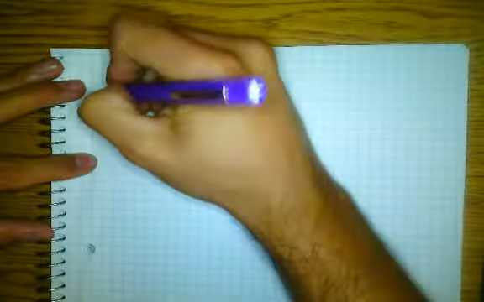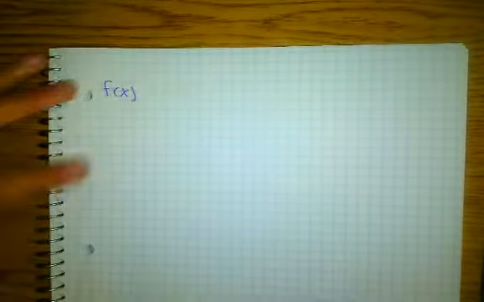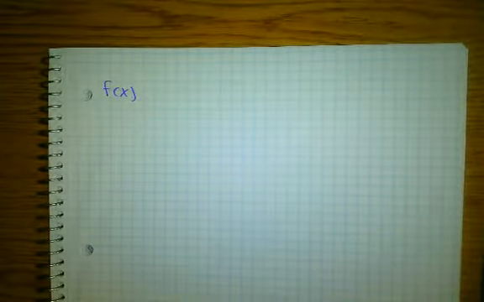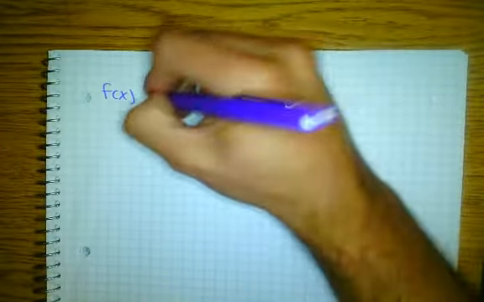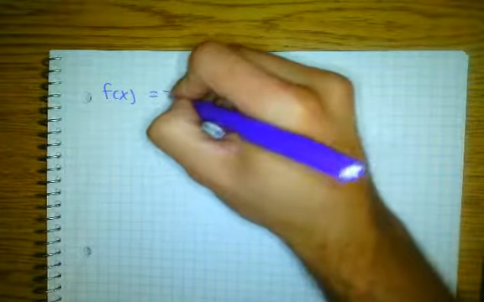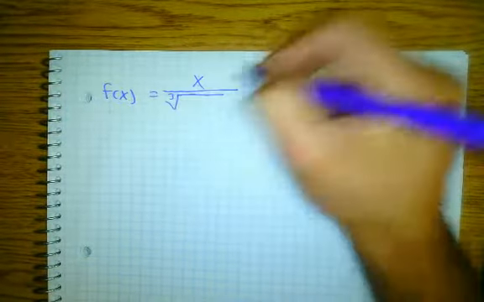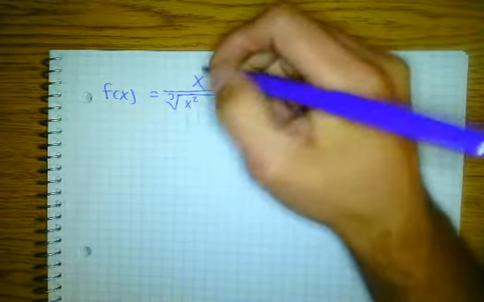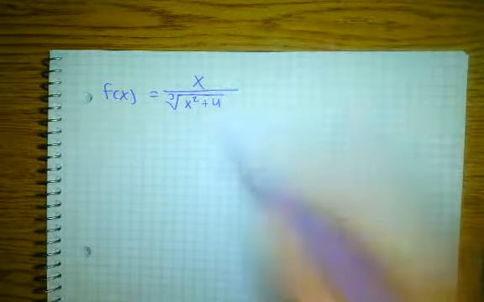Got one more heavy algebra problem before we move on to trig, because I have to talk about trig with the chain rule. So f of x equals x divided by the cube root of x squared plus 4.